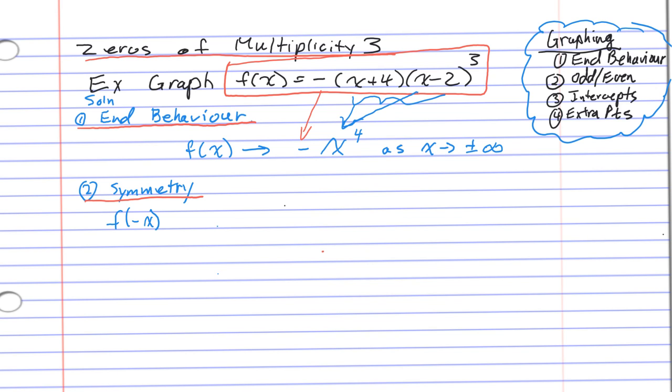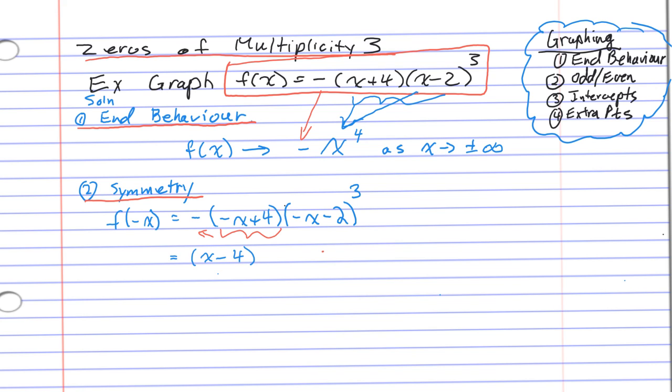So now we'll substitute that negative in, and we end up with the negative x minus 2 raised to the power of 3. Once we pull out a minus 1 from this bracket, it's going to cancel with this negative 1 here.